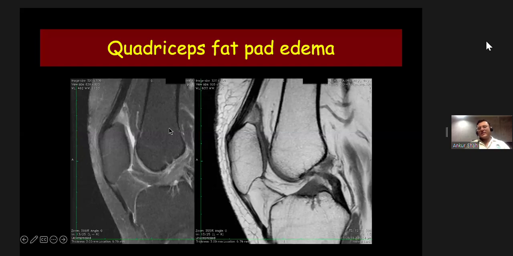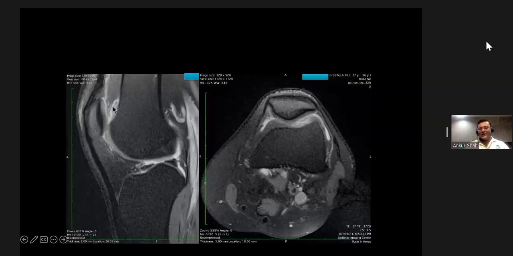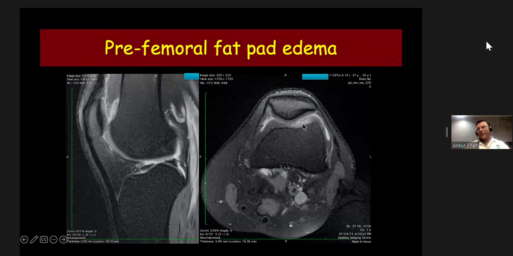So in a patient with knee pain, when you look at the MR, you may not find anything abnormal. Before signing it off as a normal MR, look for all these fat pads. Look for Hoffa's fat pad, look for the quadriceps fat pad, or sometimes you might see edema in the prefemoral fat pad. Again, this is a reason for the patient's pain.